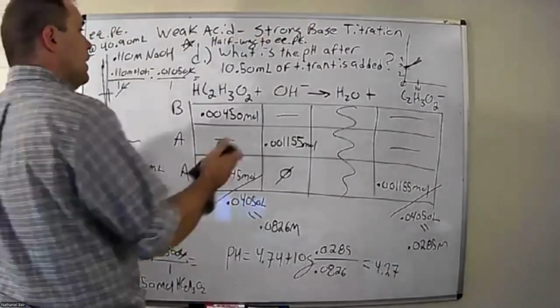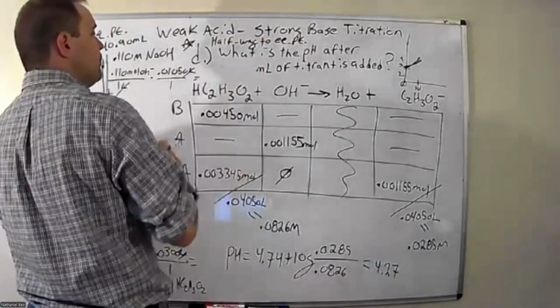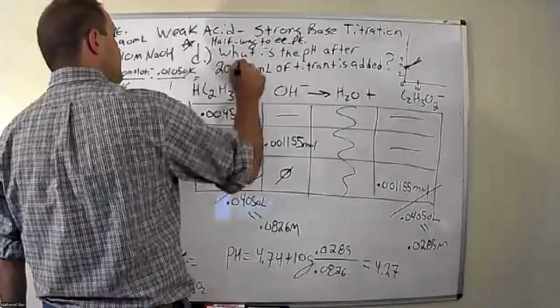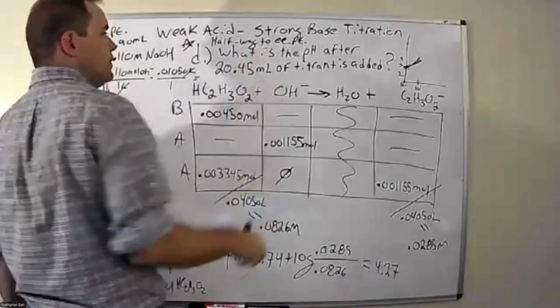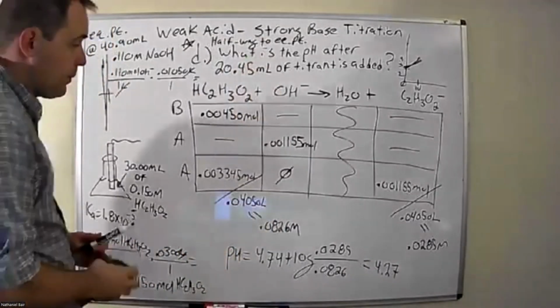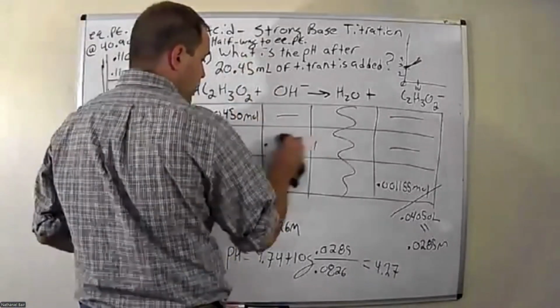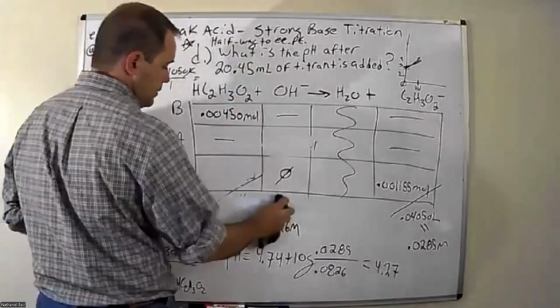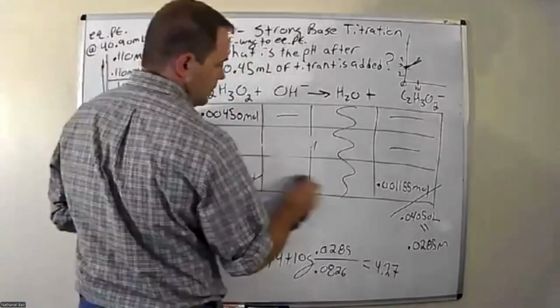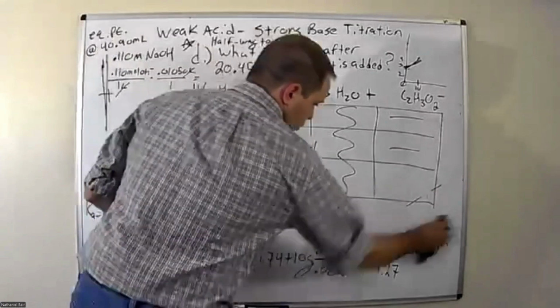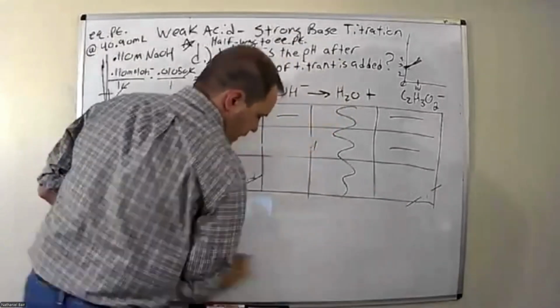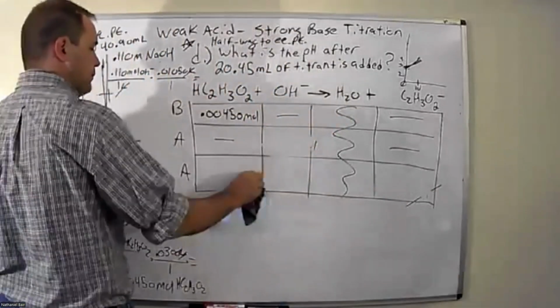Here's what I want to do. I want to get the pH after 20.45 milliliters of titrant is added. So again, I got a whiteboard. It's so awesome. Love it. I want you to try to fill in the BAA table for that.